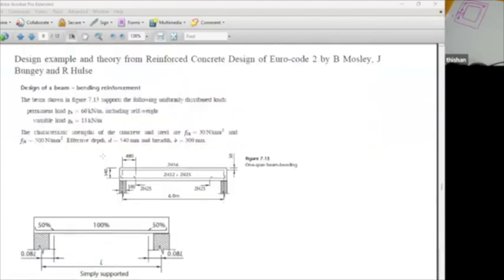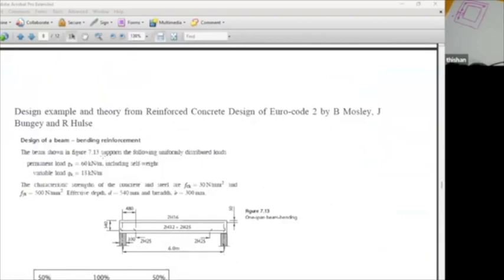Now, if I am to explain how to do this torsional calculation, the first thing is I need a beam. So we'll take this particular beam, span is 6 meters, subjected to a permanent load of 60 kilonewtons per meter and variable load of 18 kilonewtons per meter.